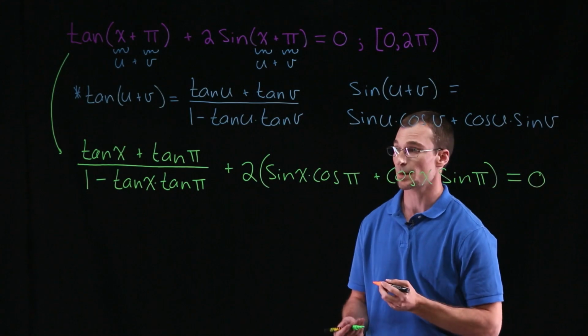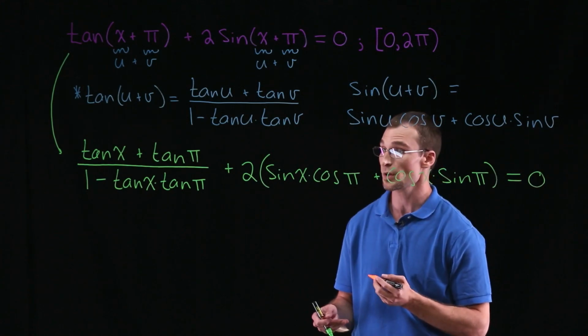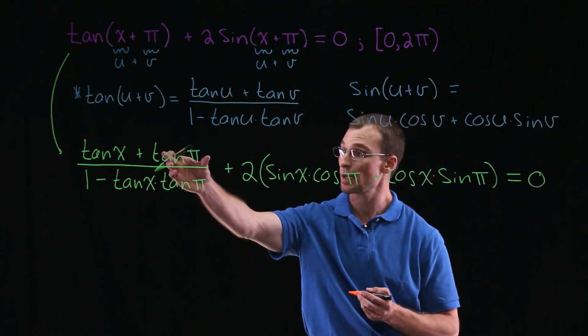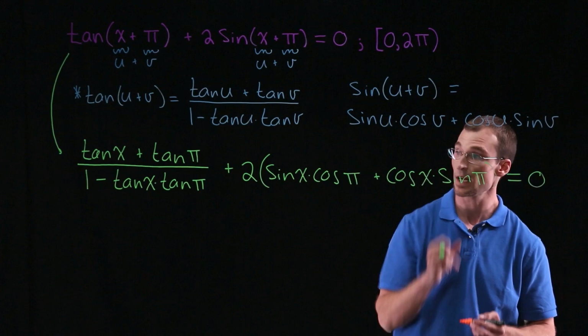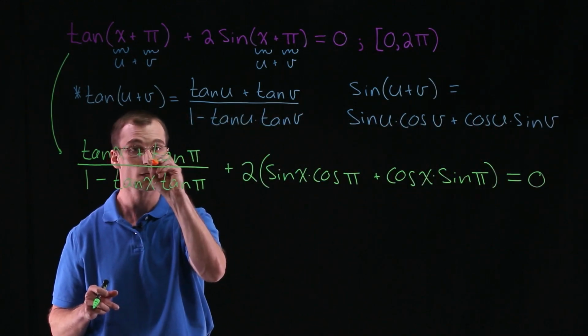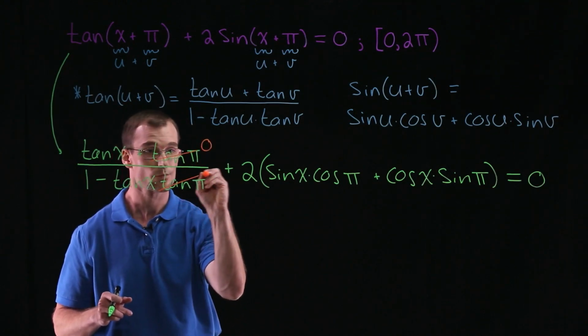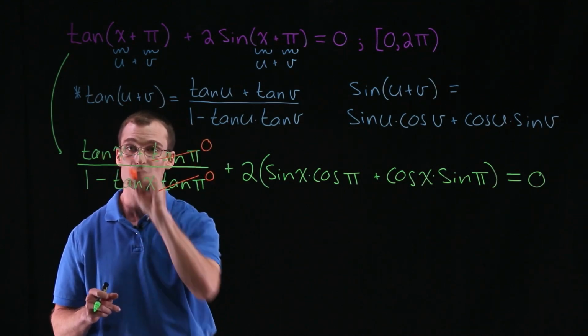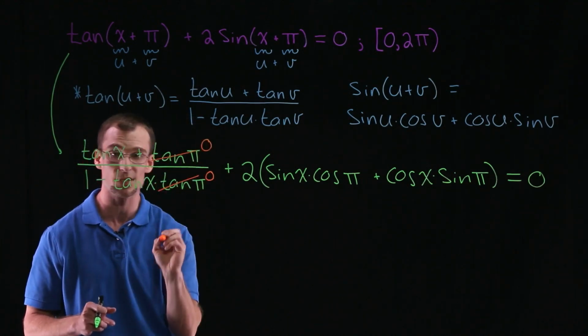So what can we do from here? Well, we want to try to simplify this. For starters, we can evaluate the trig functions we know, namely tangent of pi, cosine pi, and sine of pi. Tangent of pi is equal to 0. So in the numerator, we just have tangent of x, and in the denominator, we have 1 minus tangent x times 0.